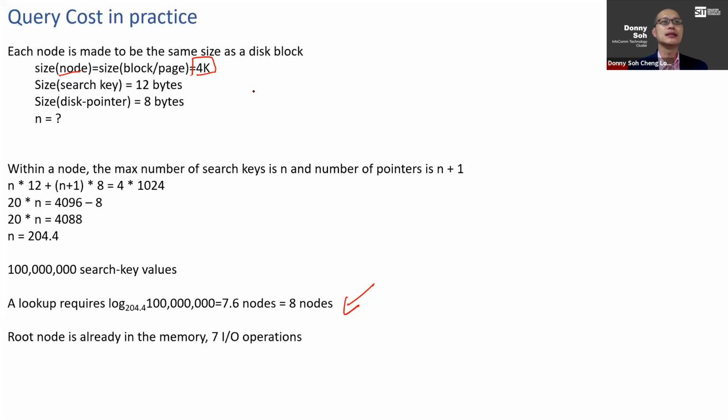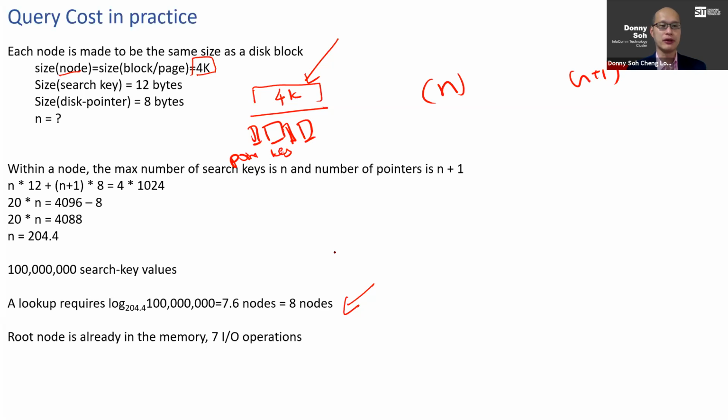Okay, so in a single node, you have 4K. The data is 4K, but this consists of various pointers and keys. If we assume that there are n number of keys, there will be n plus 1 number of pointers.